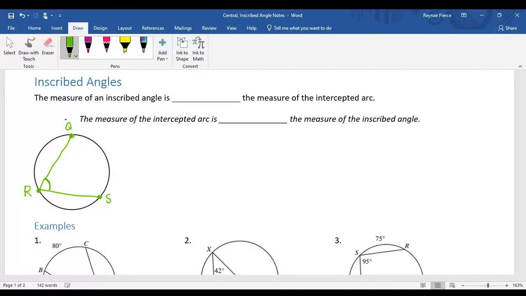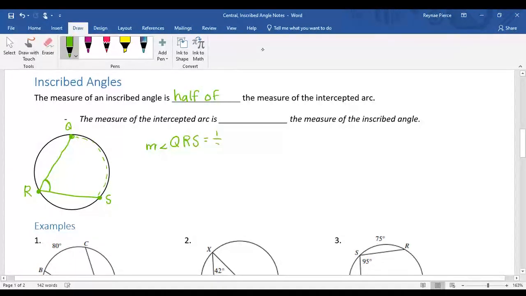This here is the inscribed angle, and its intercepted arc here is QS. The measure of the inscribed angle is half of the measure of its intercepted arc. So the measure of angle QRS is half of the measure of arc QS.